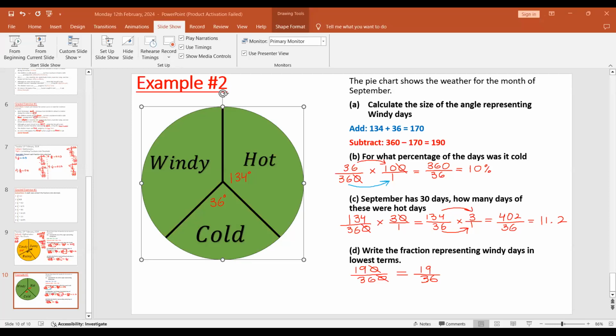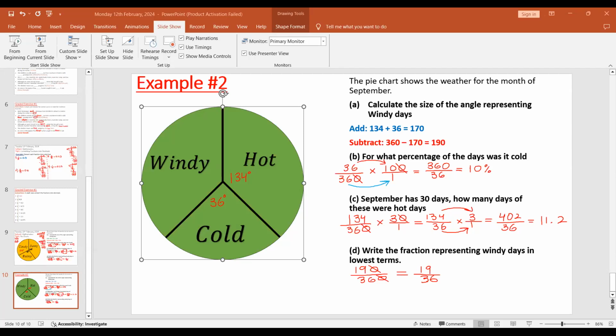So we know that hot is 134 and cold is 36, and we add both of those and we got 170. And we have to subtract from 360 because we learned that angles in a circle add up to 360. So we say 360 subtracted by 170, which is 190.